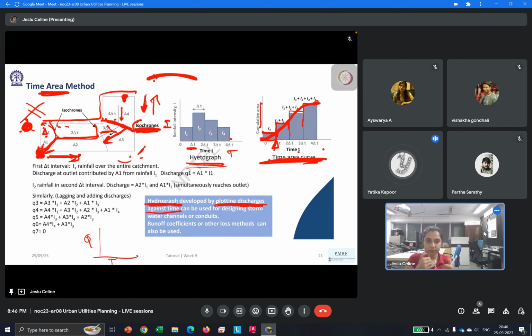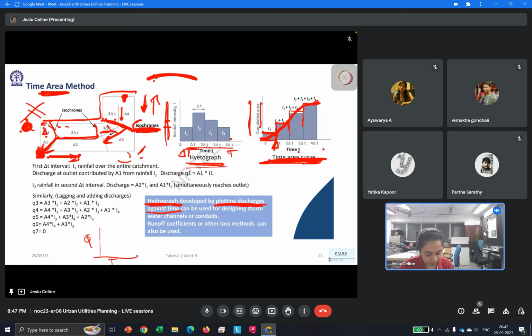So ma'am, in the time area method, we continuously add the previous ones again and again, but in the hydrograph, we just take into consideration the changes we get per change of time, right? No. The difference between the hydrograph and the time area method is that the time area curve plots the area, whereas the hydrograph plots the intensity. That's it.